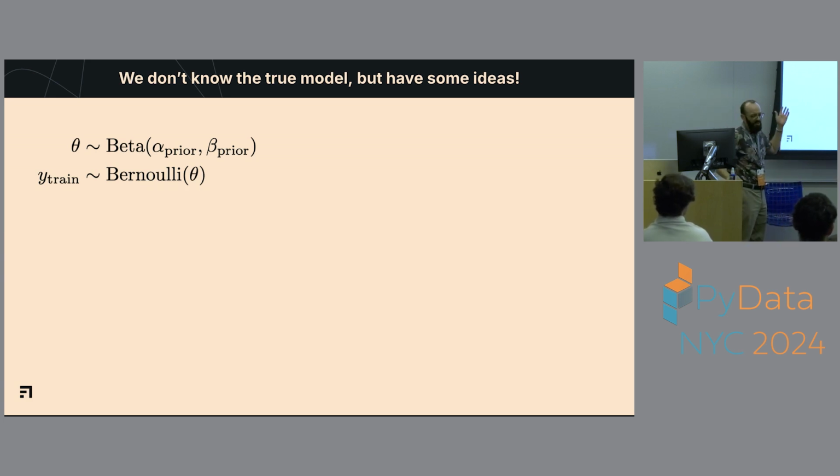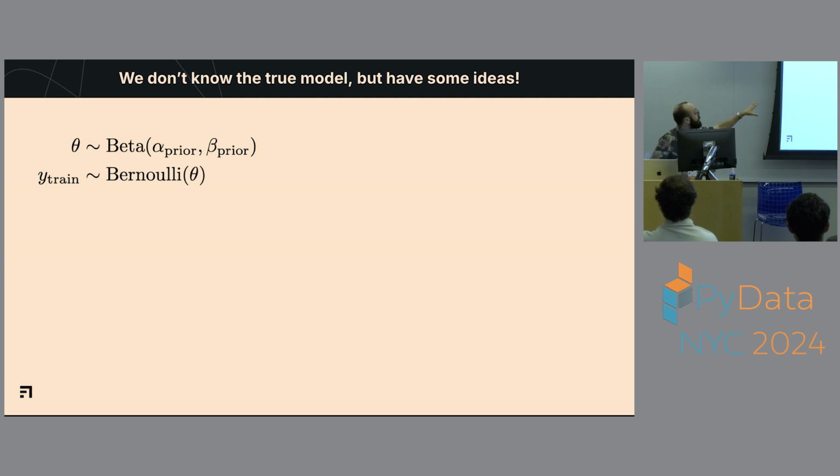This is essentially a logistic regression, if you want to think of it that way. Theta here is the parameter we're trying to estimate, and it's really just a success probability. So this model assumes a static success probability across time, and it isn't really going to capture the true generative process very well.